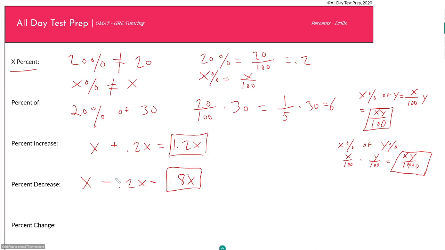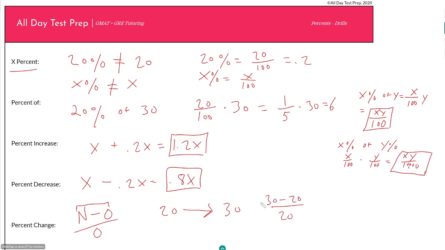What about percent change? So the formula for percent change is just new minus old over old. In other words, you're just taking the difference, your change, as a percentage of what you started with. And so if you start out with 20 people in a room and then you increase it to 30 people in a room, what is your percent change? Well, that's just 30 minus 20 over 20.